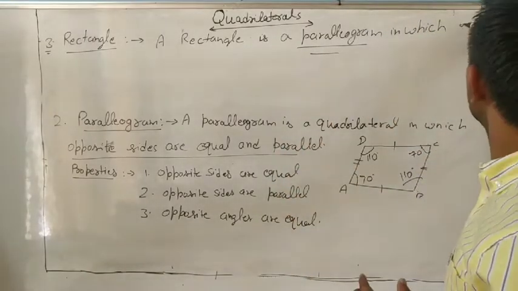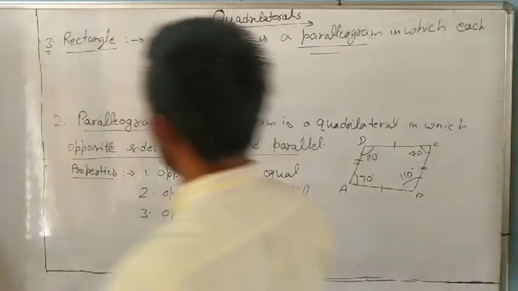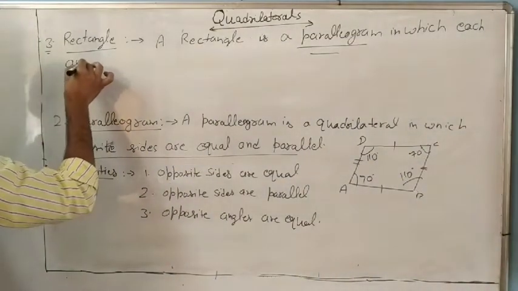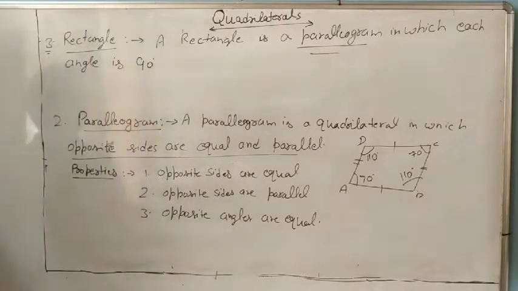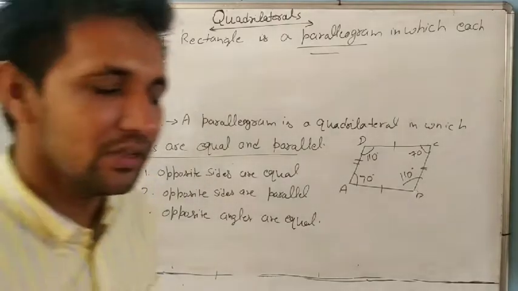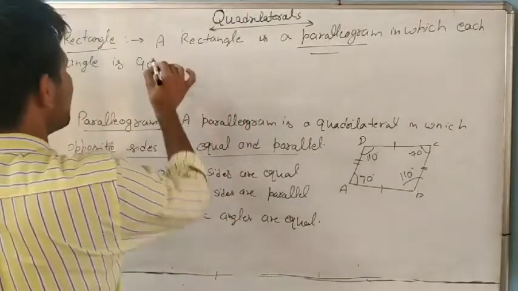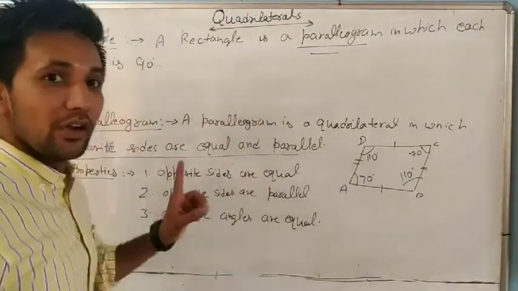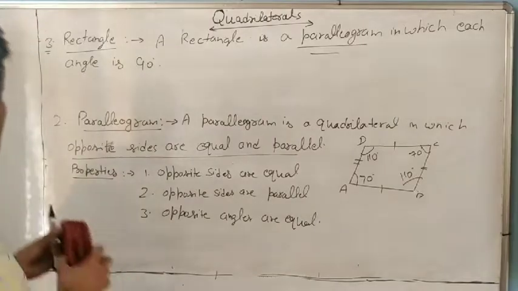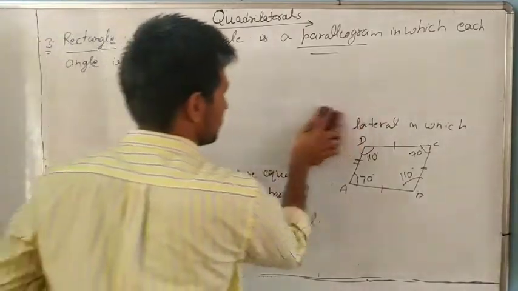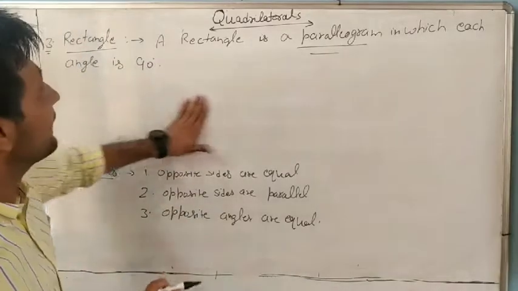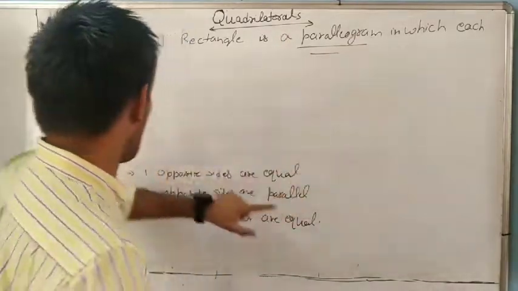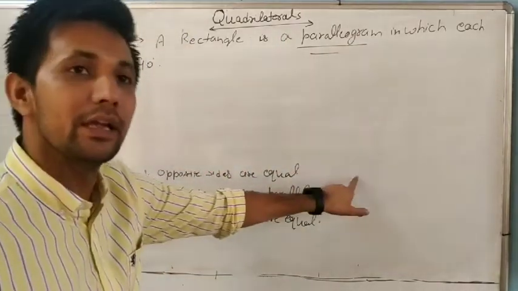In which each angle is 90 degrees. Because I say a rectangle is a parallelogram, it means all these three properties are already included.